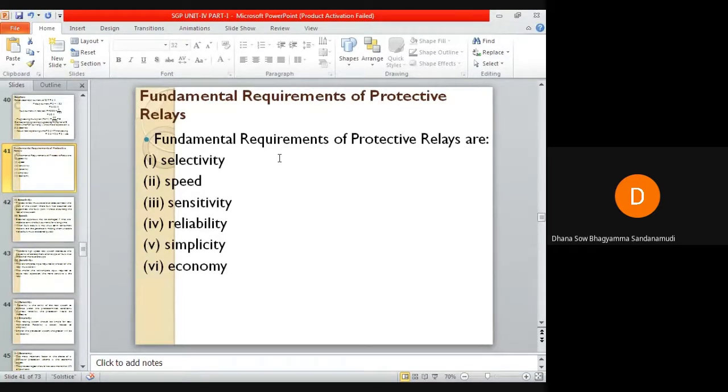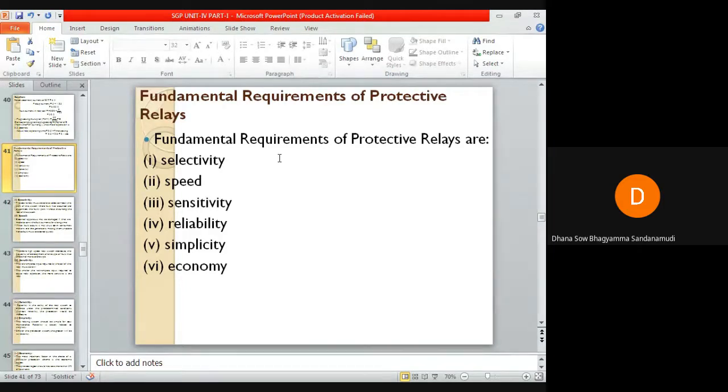Next is speed. Electrical apparatus may be damaged if they are made to carry the fault current for a long period of time. Whenever fault occurs, and if this fault current persists for longer time in the system, then the apparatus connected in that zone may get damaged.